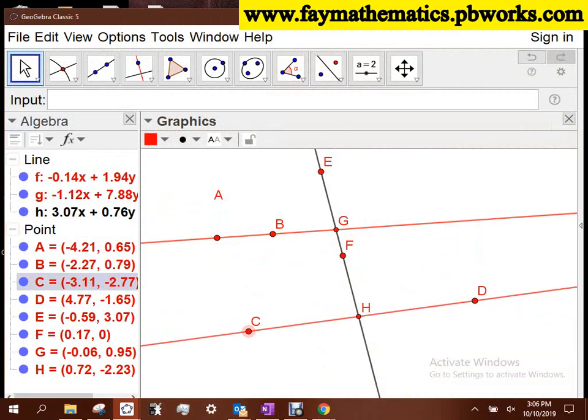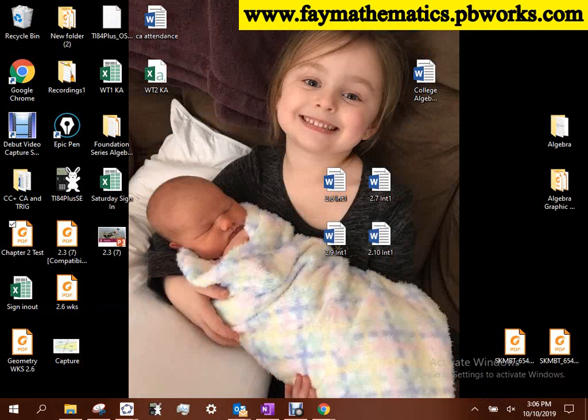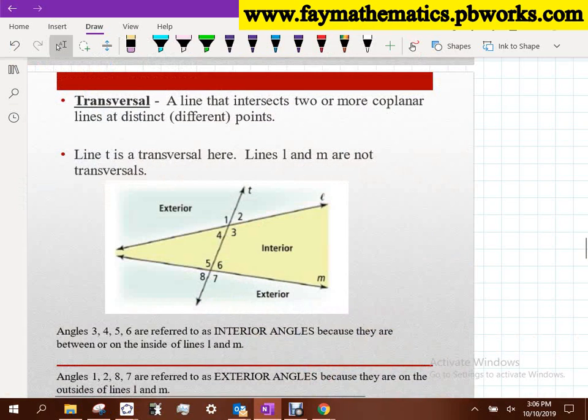Here we've got more stuff. We've got a lot more other relationships that are useful and important to us here. So we're looking for a transversal to be something that intersects 2 lines at distinct points. The key phrase there, distinct points, forces L and M to be different lines instead of the same line.